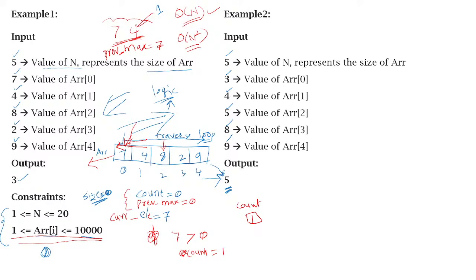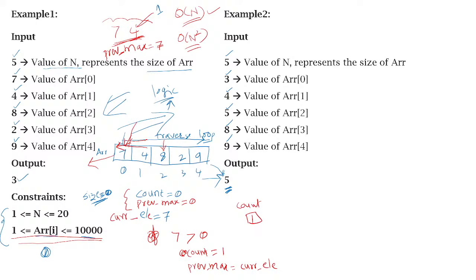Then, if 7 is greater than the previous max element, for the next element 7 becomes the previous max element, yes or no? So you also need to store this 7 in previous max. So previous max is equal to current element.